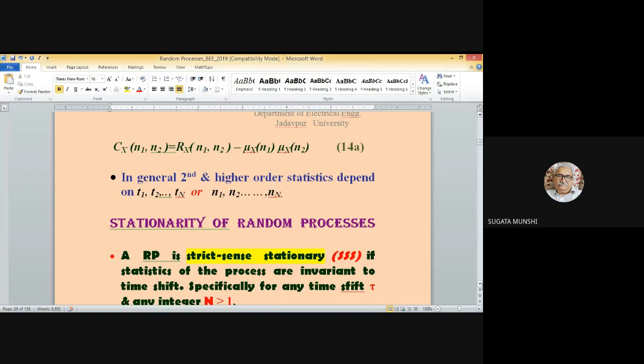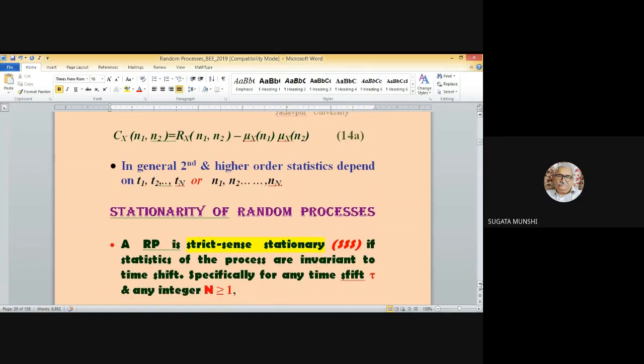Loosely speaking, when we say that a random process is stationary, we mean that the statistical properties remain unchanged under time translation. But we have to be formal. Some mathematical condition has to be laid down. What do we really mean by stationarity of a random process in the mathematical sense?